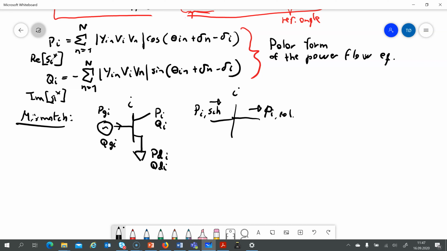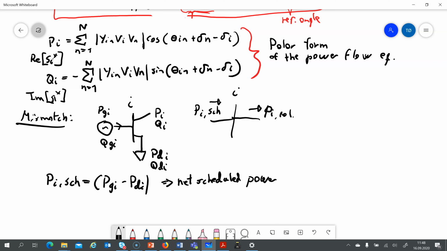So if we then write Pi scheduled is P generator in minus P demand out, and this we can call the net scheduled power being injected.